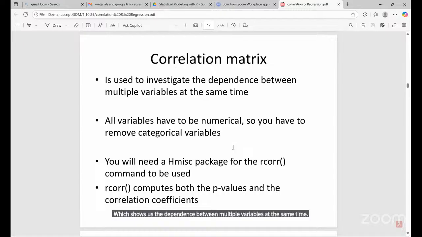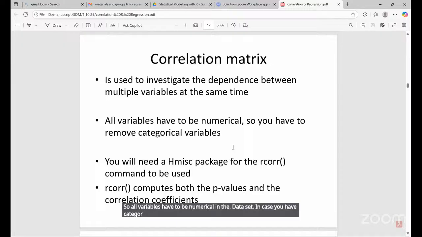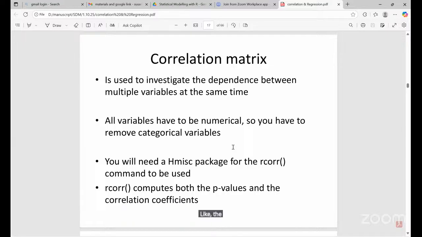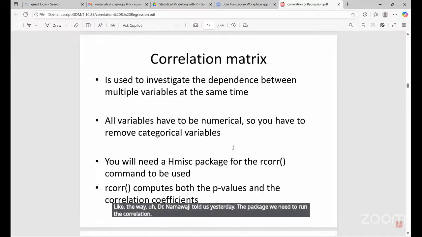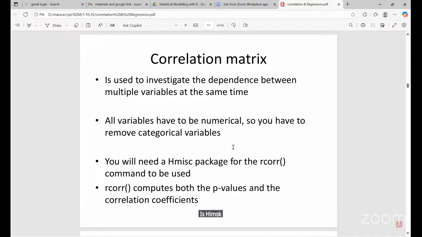All variables have to be numerical in the data set. In case you have categorical variables, you have to remove them, like Dr. Namaweje told us yesterday. The package we need to run the correlation is the Hmisc package, which we can get online. It's free of charge.